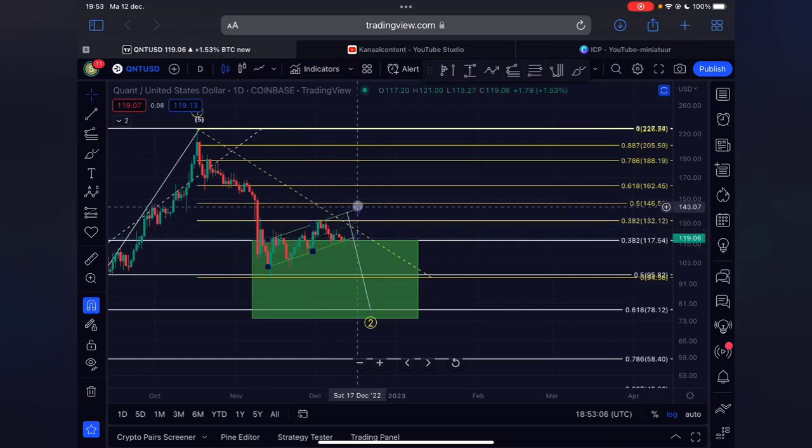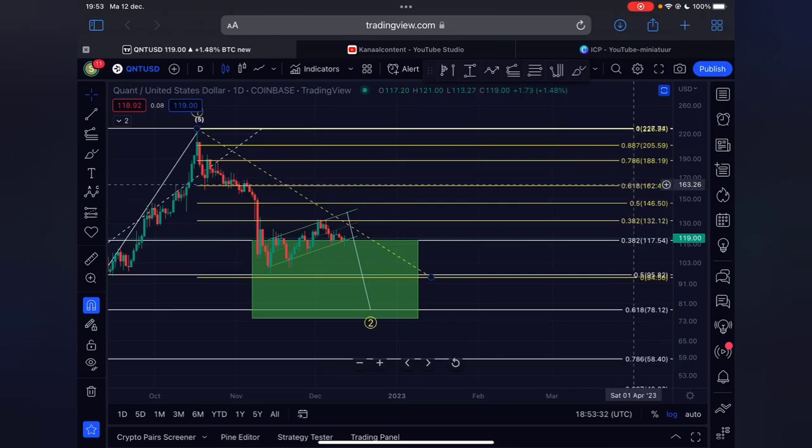If we break above, let's say $133, that would be a major sign of strength. And then I think it is very likely that we will retest the area around $162, a break above $162. As you can see, this golden pocket here, the 0.618 Fibonacci retracement level.